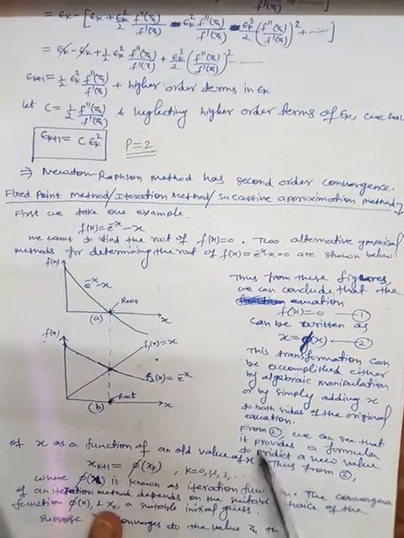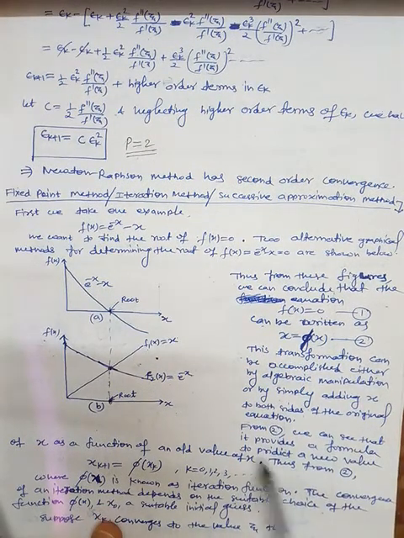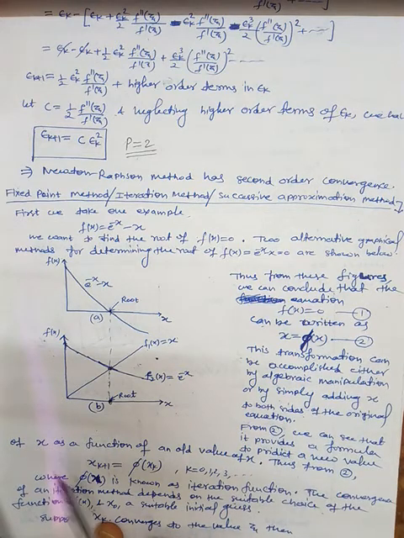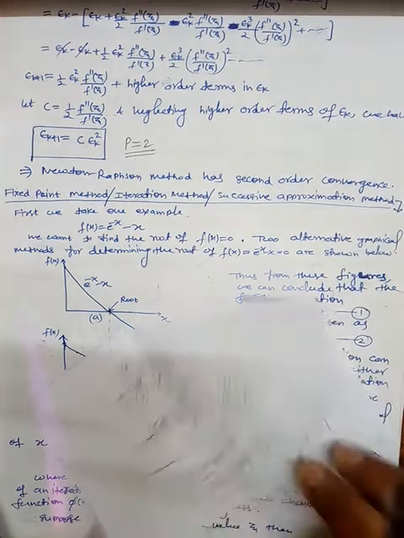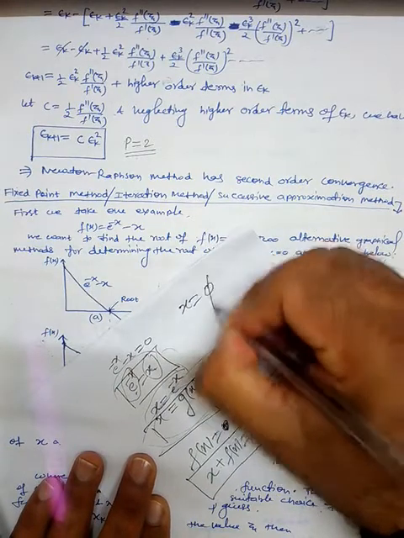Okay, now from equation number 2, we can see that it provides a formula to predict a new value of x as a function of an old value of x. That means the conversion is this phi of x.